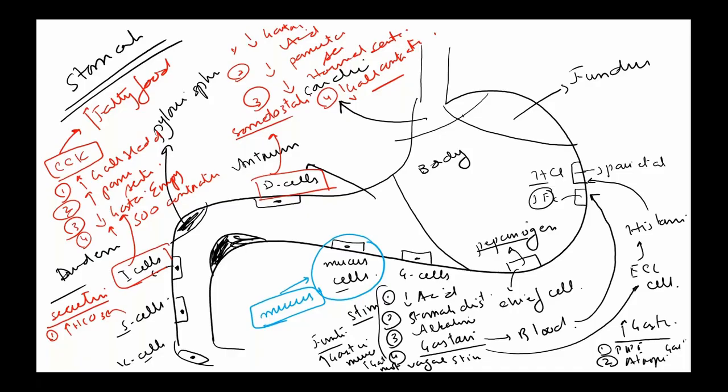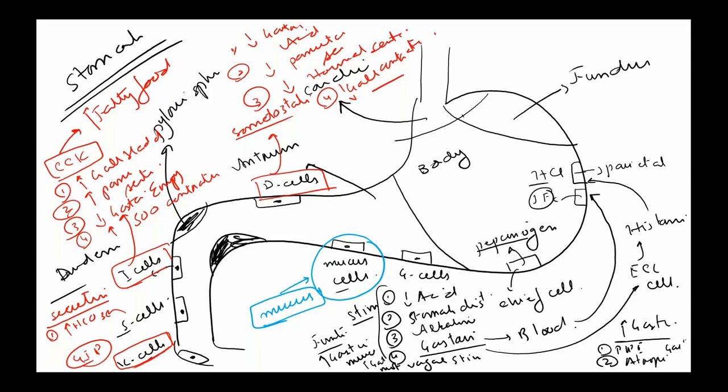Next is K cells. What is the function of K cell? It produces gastric inhibitory peptide. K cell produce gastric inhibitory peptide, also called glucose dependent insulinotropic peptide.